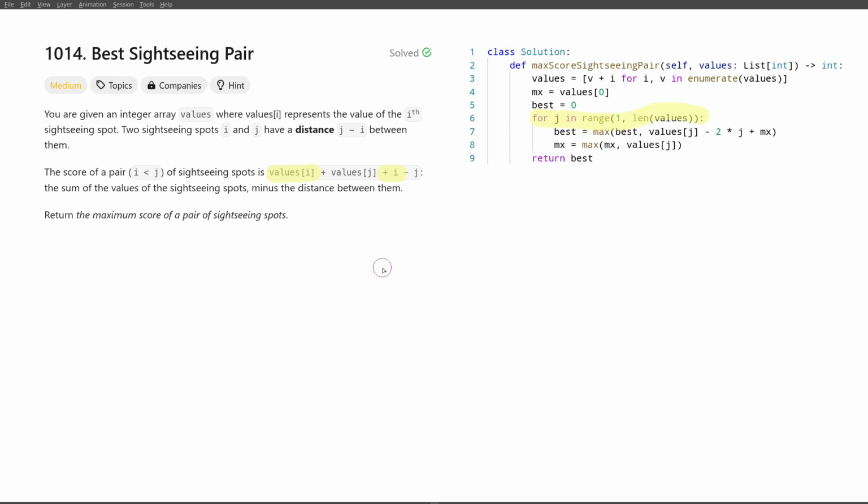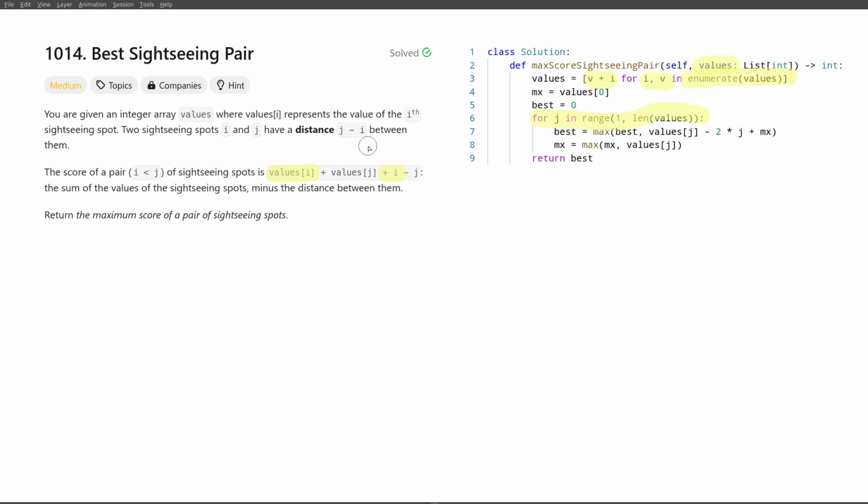And this is this more specific technique, which I prefer, because it's not always applicable, when you can essentially take the thing that you are calculating and rewrite it in some way. The proposed rewriting here is that values of i plus i doesn't change, so instead of looking at just the values list, we can look at the list of value plus index, for index, value in enumerate values. So we put this plus i element into the values.